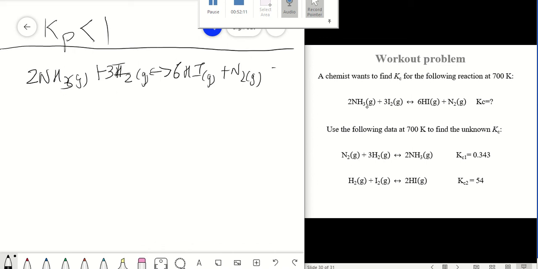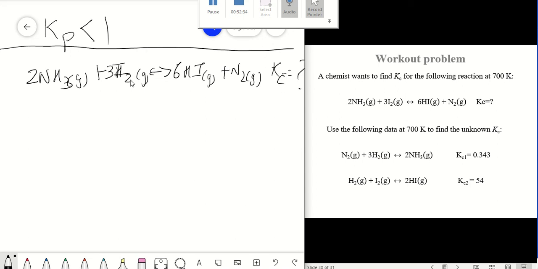Use the following data: nitrogen plus hydrogen changes to ammonia, Kc is given, and hydrogen plus iodine changes to 2HI, Kc is given. Using these two reactions, can we figure out the Kc for this reaction?